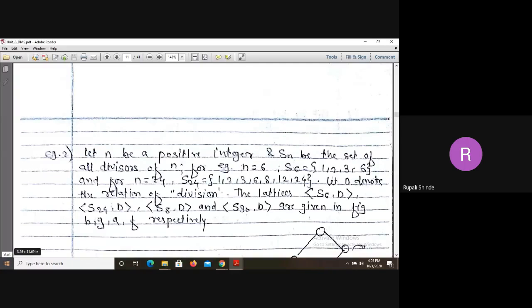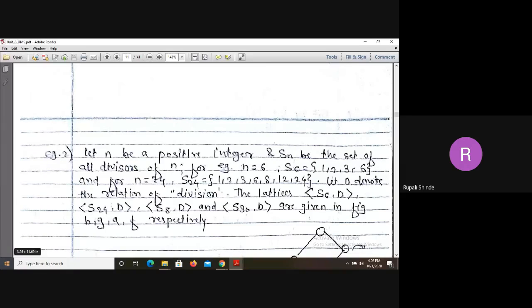Is it fine? Because we have already covered how to draw a partially ordered set and Hasse diagram. Likewise, in the same way you have to draw lattices for the remaining sets. Every time you have to observe whether for any two elements there is a greatest lower bound and a least upper bound.